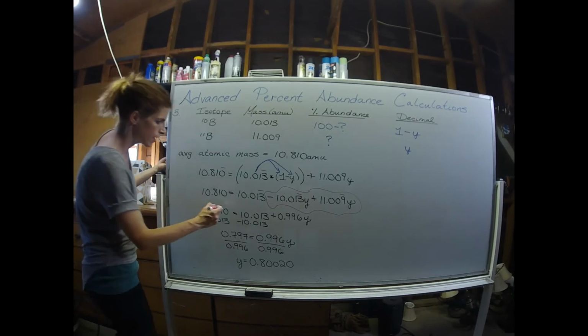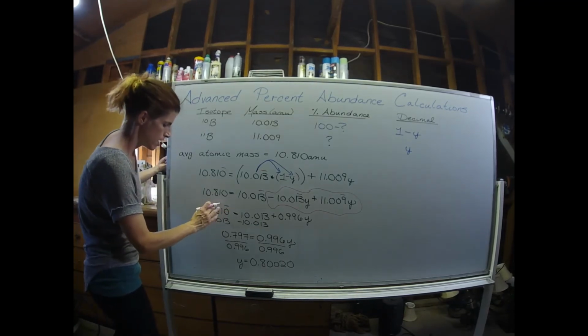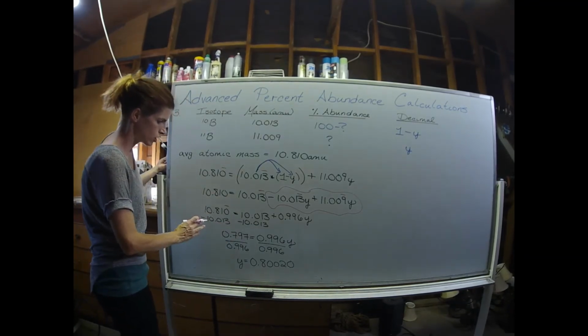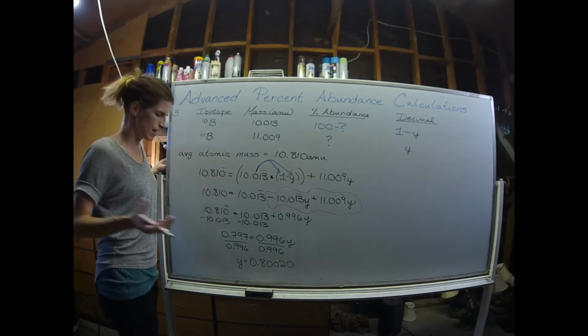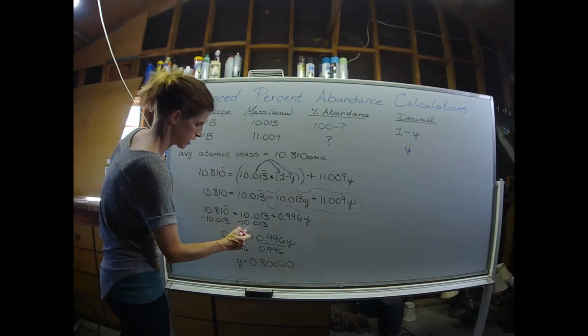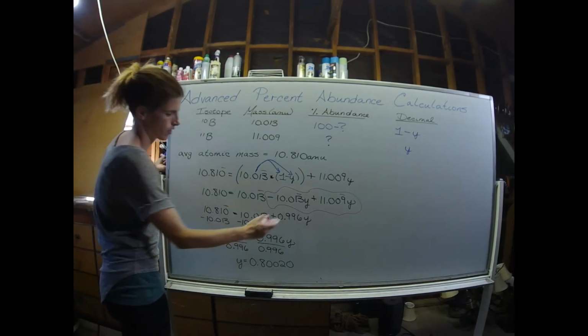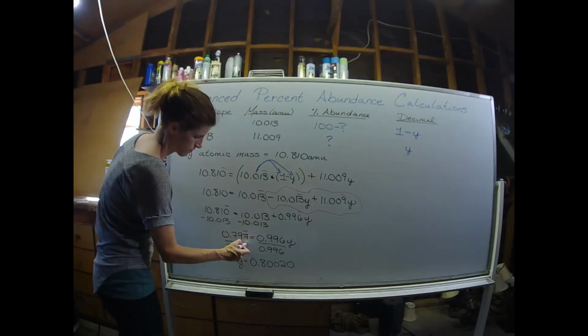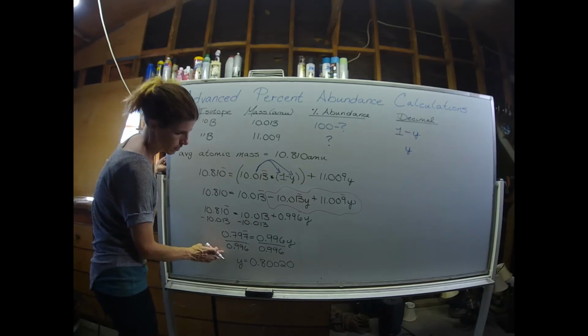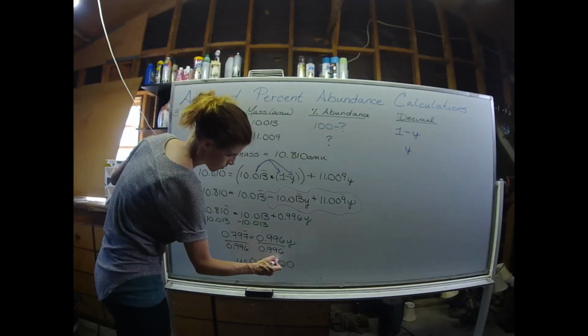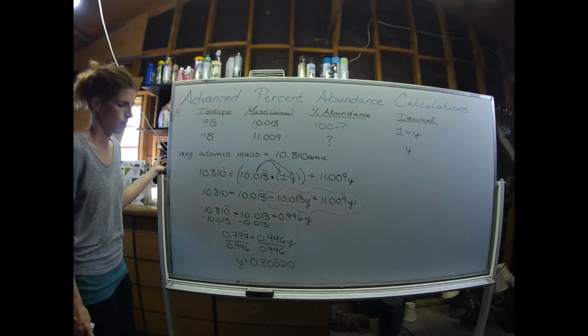So 5, and when I do the subtraction, I'm not losing any decimal places. It's kind of nice compared to the previous problems. So at that point, I have 3 sig figs. This is 3 sig figs. 3 sig figs divided by 3 sig figs, and we're looking at 3 sig figs.